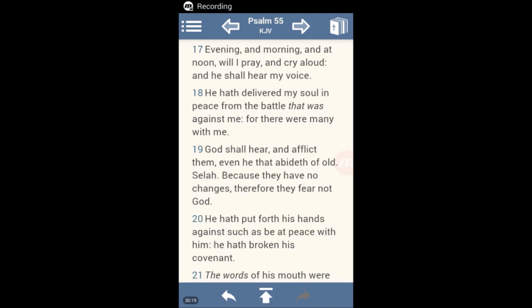Psalms 55:17. Evening, morning, and at noon will I pray and cry aloud, and he shall hear my voice. So blacks, Hispanics, and Native Americans, being the Israelites, you're supposed to pray 3 times a day. Each and every day you supposed to pray 3 times to the Heavenly Father and His Son, Yahweh Shem Yahushua.